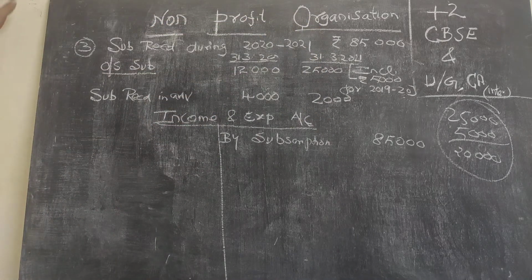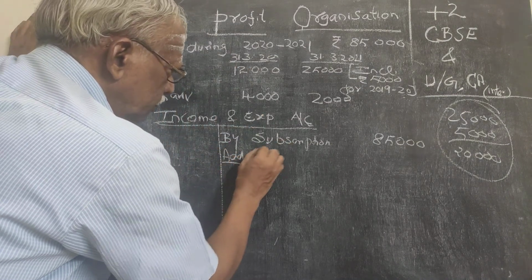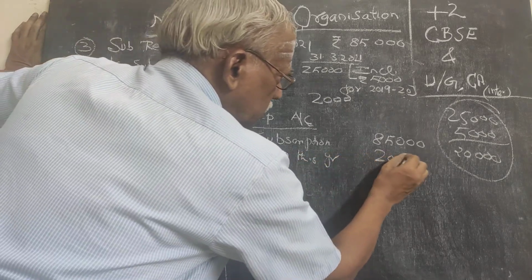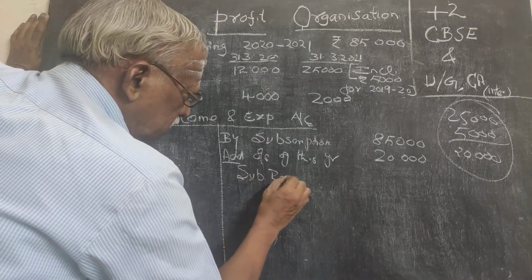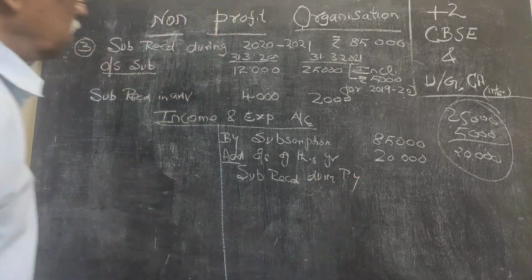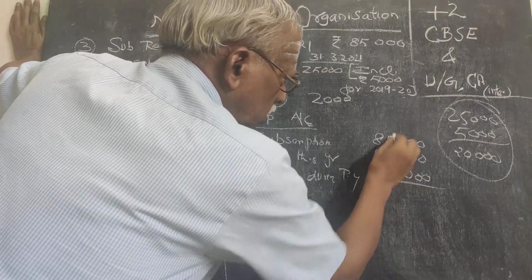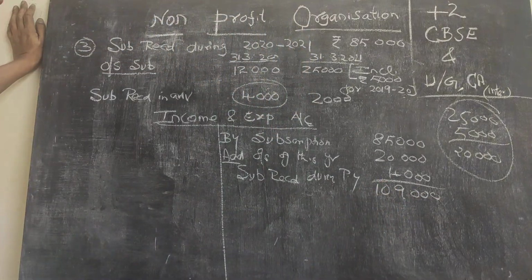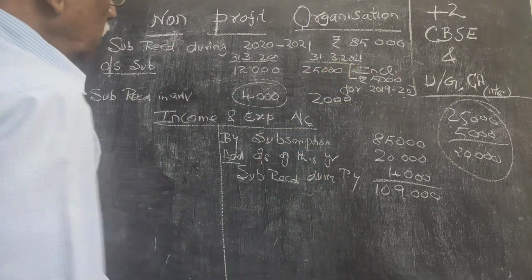Now as usual, for the problem, by subscription add outstanding of this year, 20,000. Add subscription received during the previous year. So here this becomes 1,09,000. And outstanding subscription is 12,000 and that still outstanding is 5,000.